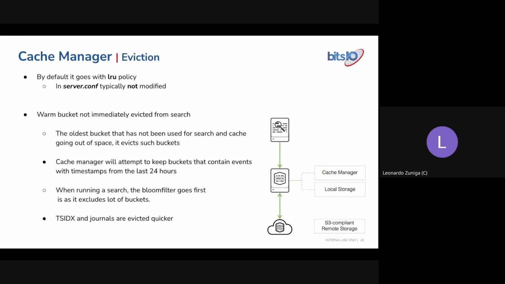Now, as said, the eviction is when the cache manager had a bucket, but then no search is using that bucket, so it evicts the bucket contents. And that is when indexers will have just the pointers or the metadata of a bucket.